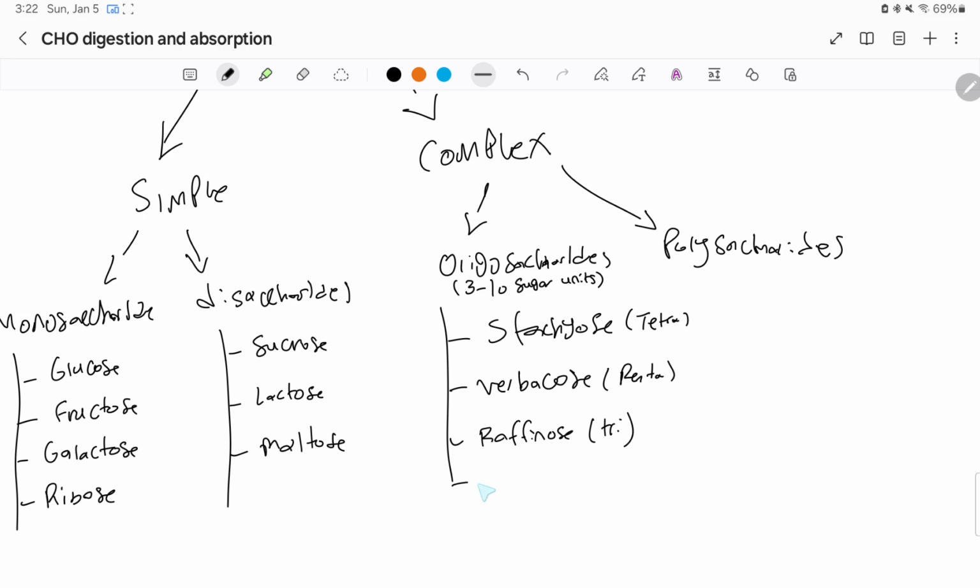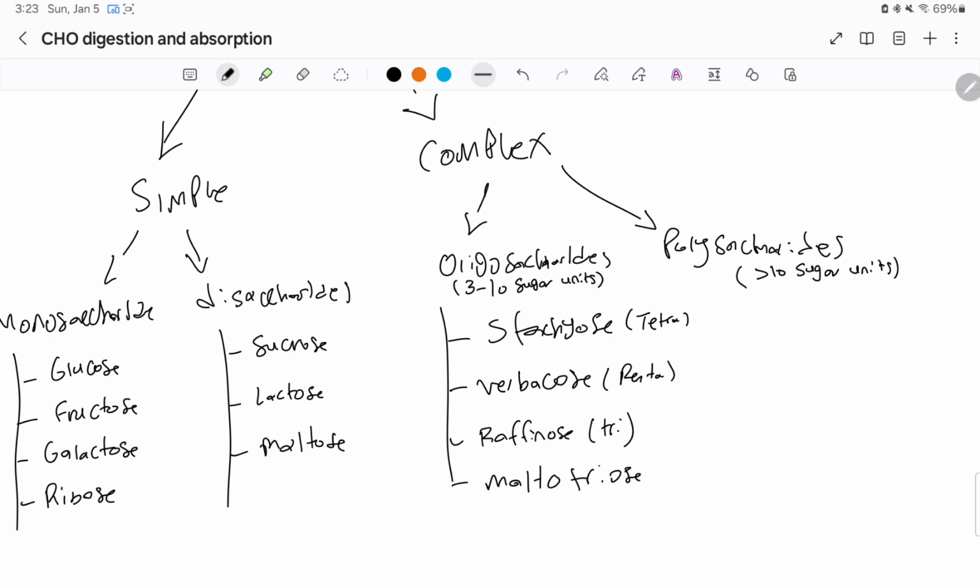And again, you can add in maltotriose here if you want, right? Maltotriose is 3 glucose units. And then within the complex carbs, you have other stuff like polysaccharides. Polysaccharides are generally said to be greater than 10 sugar units, or greater than 10 monosaccharides.